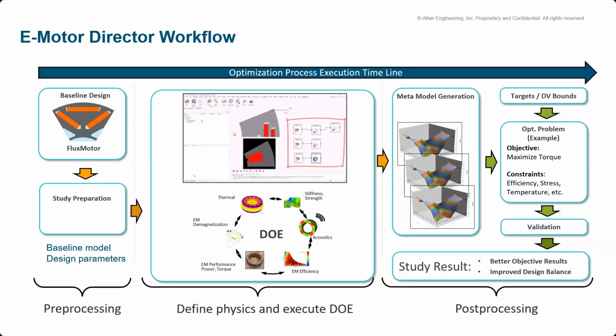So we are really running here indirect optimization so that we can speed up the optimization process. So you define your objectives, your constraints, and the optimizer will find a global optimum based on those response surfaces. And in the end, you will verify using the finite element model the results you have obtained.